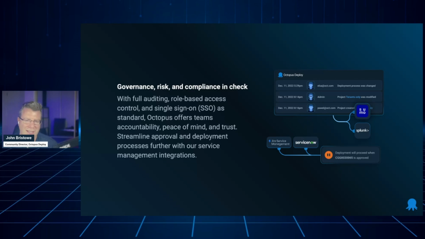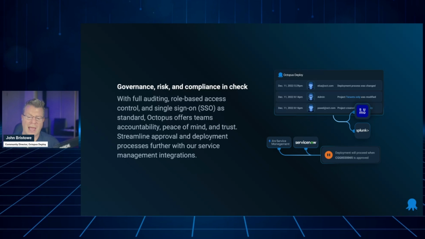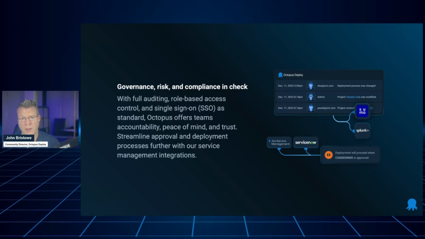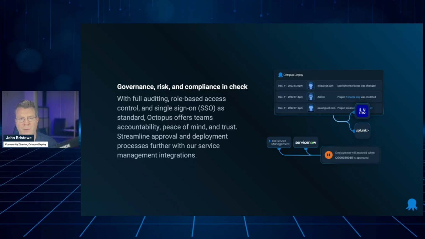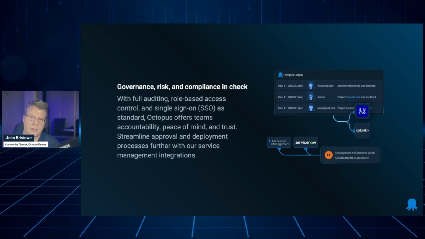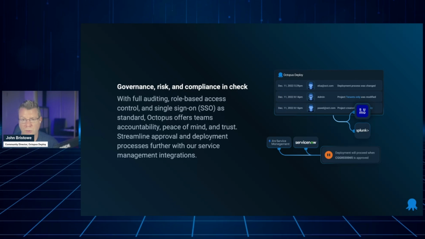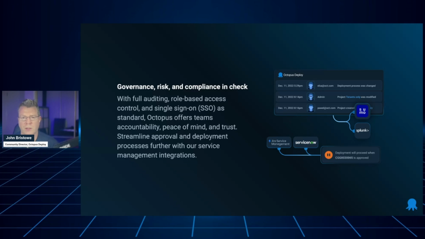ITSM solutions like these are really important, because they allow you to act as the governor or the controller of when a deployment goes out. Because we integrate this, you can kick off the deployment based on an approval that goes in through, say, ServiceNow. So we won't do a deployment until you tell us through ServiceNow to do that deployment. These and other capabilities are really important.